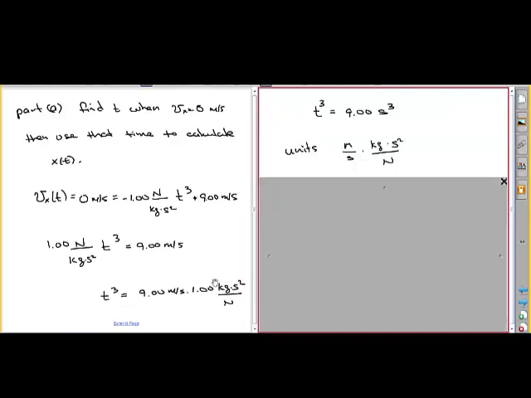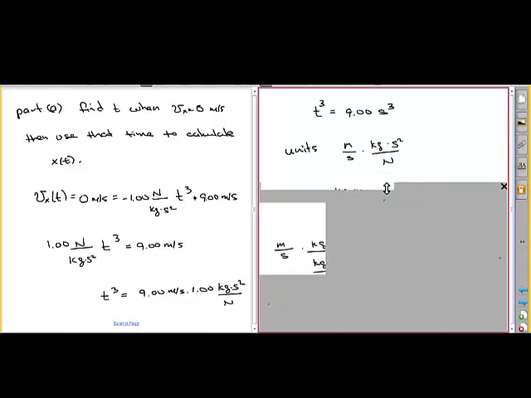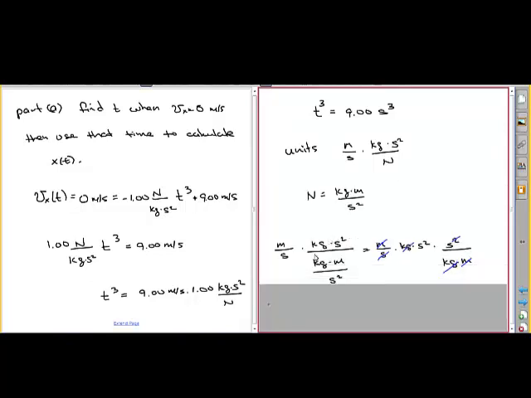But just to show you, if I start with meters per second times kilograms second squared per newton, and I substitute in for newton, 1 kilogram meter per second squared, I'll get meters per second times kilograms second squared divided by kilogram meter.